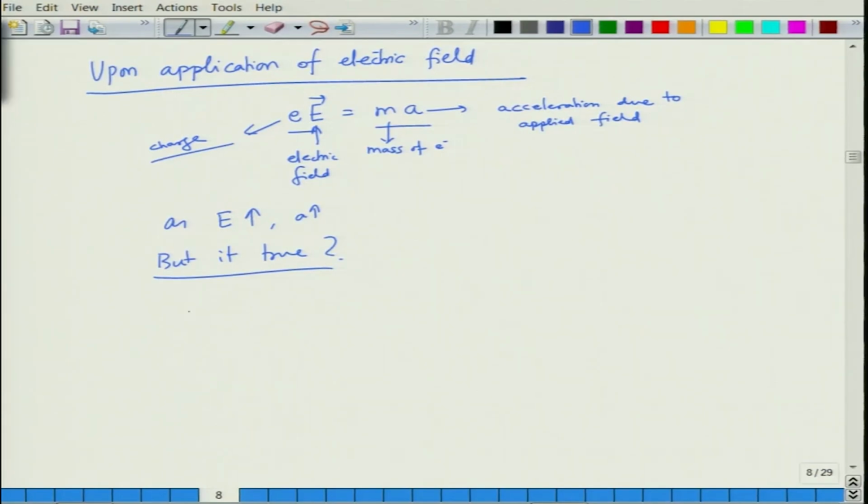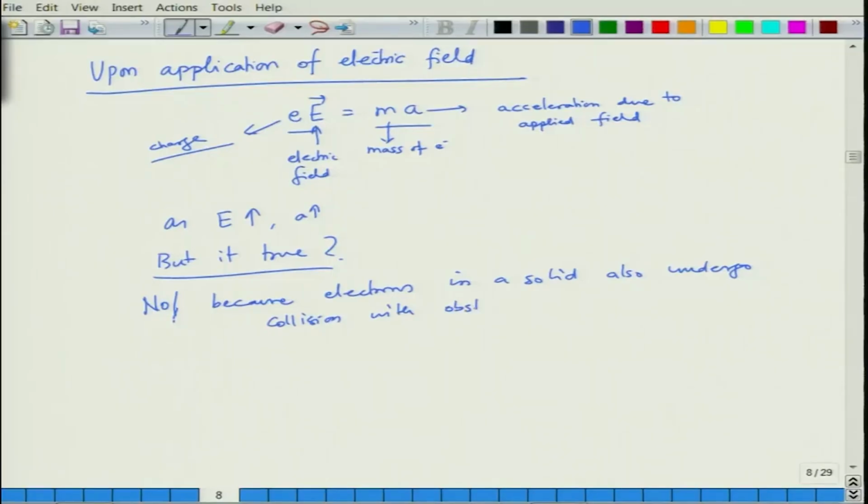The reason is that electrons in a solid also undergo collisions. While the electric field tends to accelerate them, they do not get indefinitely accelerated because they also collide with various obstacles such as ionic cores, which are positively charged, or defects, and a variety of other things.